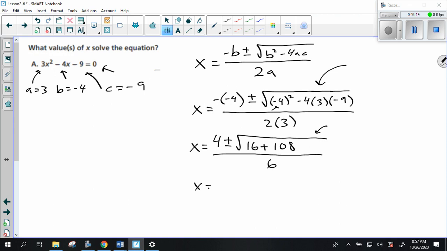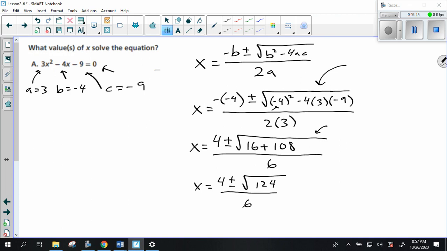So let's simplify that. That's going to be the square root of 124, divided by 6.